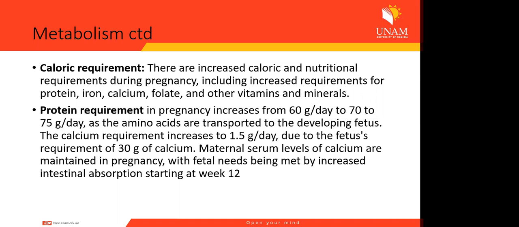The protein requirement in pregnancy actually increases from 60 grams per day to about 70 to 75 grams per day, because most of the amino acids are being transported to the developing fetus. Also, the calcium requirement increases to 1.5 grams per day. All right, and maternal serum levels of calcium are maintained in pregnancy, while fetal needs are being met by increased intestinal absorption, which starts at 12 weeks of gestation.